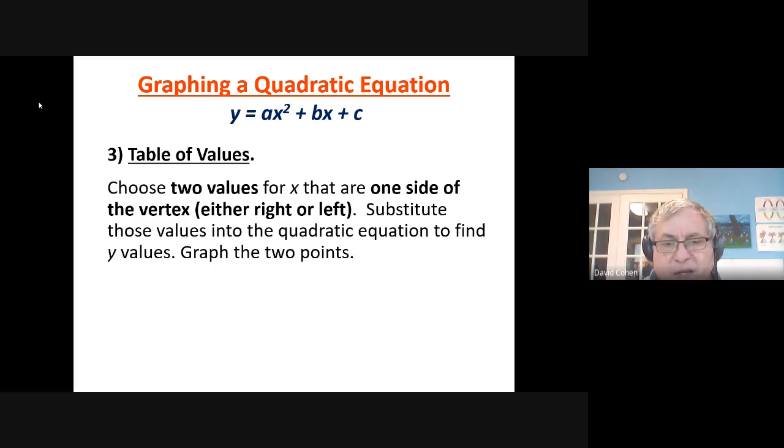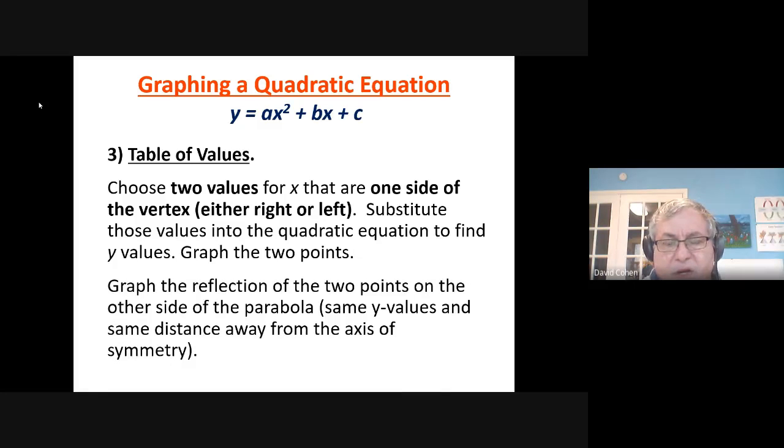Substitute those values into the quadratic equation to find the y value, and then graph the 2 points. Graph the reflection of the 2 points on the other side, same y value, same distance away. Remember, symmetry means that your left hand and your right hand, when you hold your arms straight out, are the same distance from the center of you as the other one.